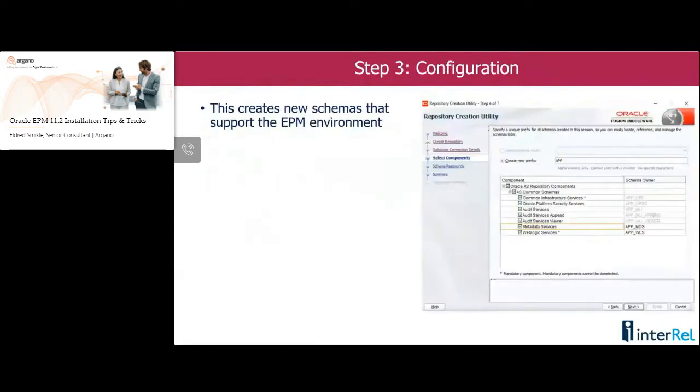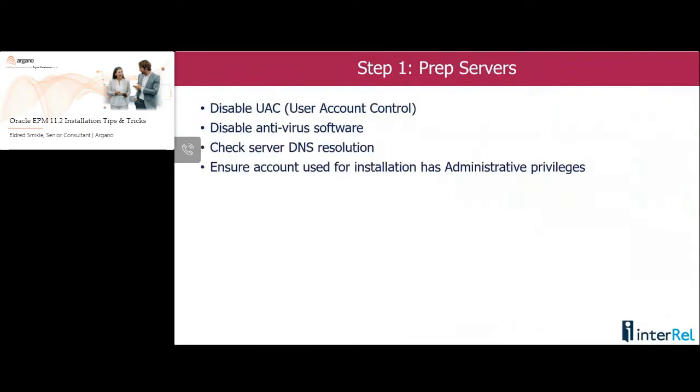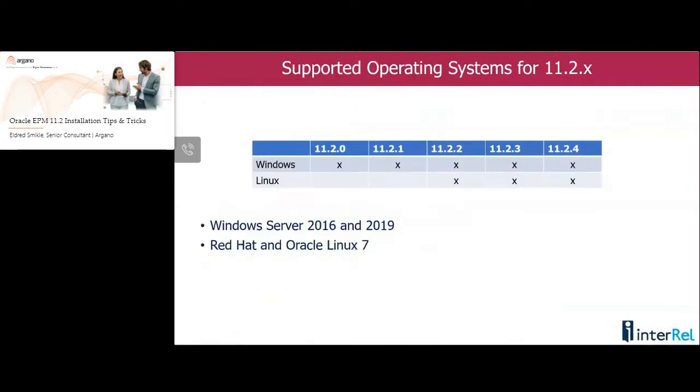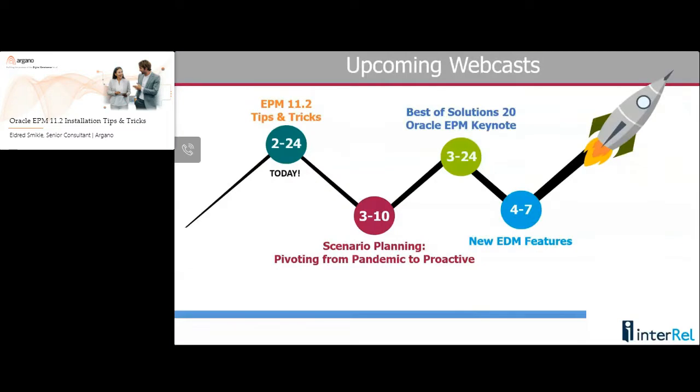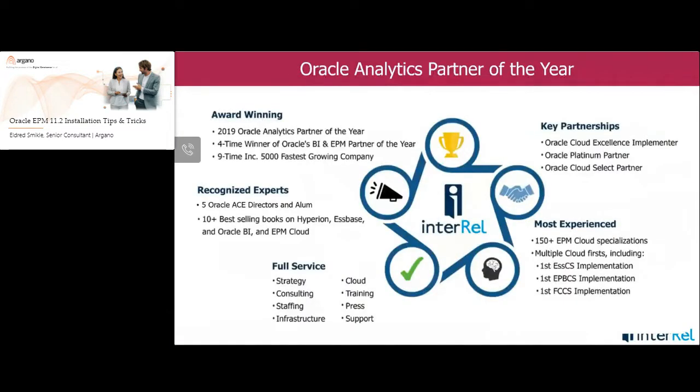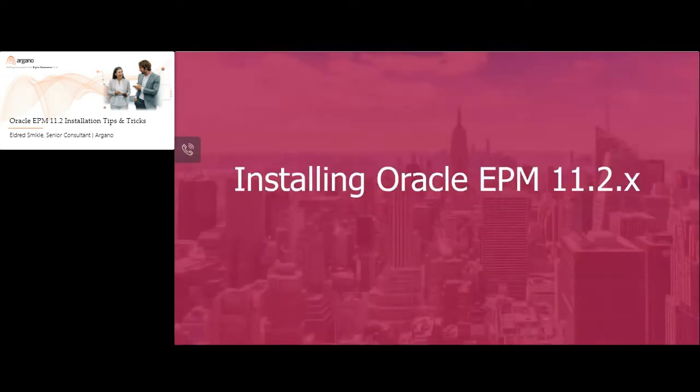Let's see. Any more questions? I'm reading through them, there's a few more. Can we use HFR to connect to ASO queues for reporting purposes with 11.2? I guess they mean if they're S-based only queues. And the answer is yes.